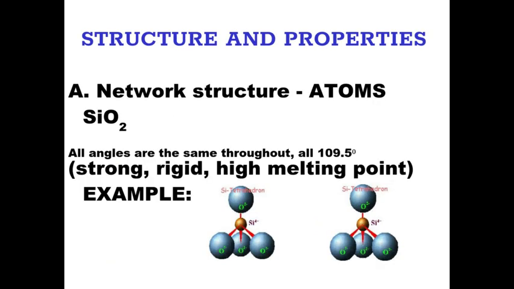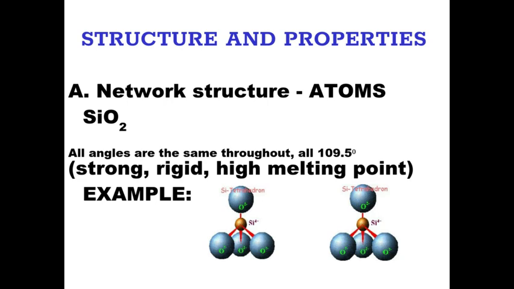So now we get to the different structure and properties. So we have really just a network of atoms and how they're combined together. Okay. So if we're looking, right, we can look at different solids. In this case, silicon dioxide, SiO2. And we can see the angles.